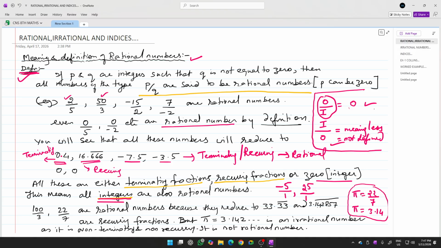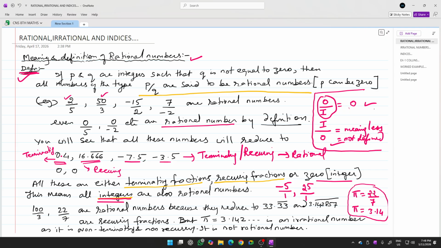When you take the pi value as 22 upon 7 and somebody asks you whether it is a rational or irrational number, your answer should be that 22 upon 7 is a rational number. Why? Because 22 is an integer, 7 is also an integer. Moreover, the integer in the denominator is a non-zero integer, it is not 0. So by definition, this 22 upon 7 fraction is a rational number.